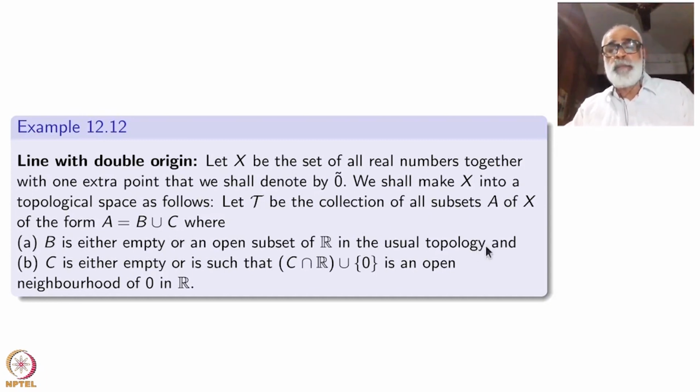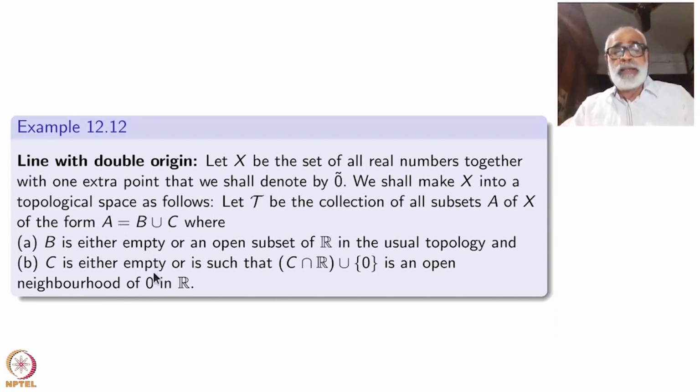What about C? C could also be empty, or C has the property: both B and C are subsets of X, right? So the first part says it is a subset of R itself, that means 0 twiddle is not there.